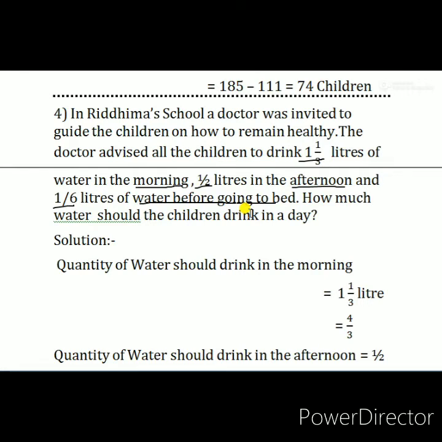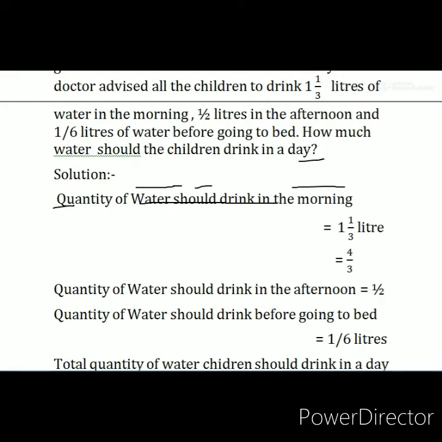Here first we have to write the quantity of water they should drink in the morning. What is the quantity of water they should drink in the morning? That is 1 and 1/3. This quantity of water is given here as a mixed fraction. For the convenience of addition, first of all, we have to convert this mixed fraction into an improper fraction. Students, you know how we convert a mixed fraction into an improper fraction.